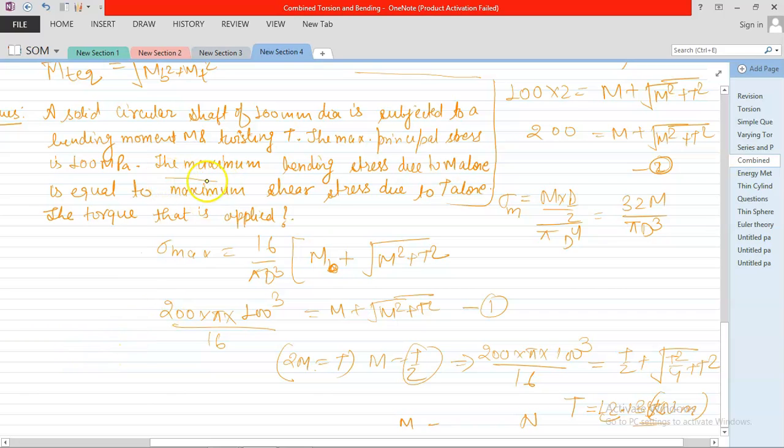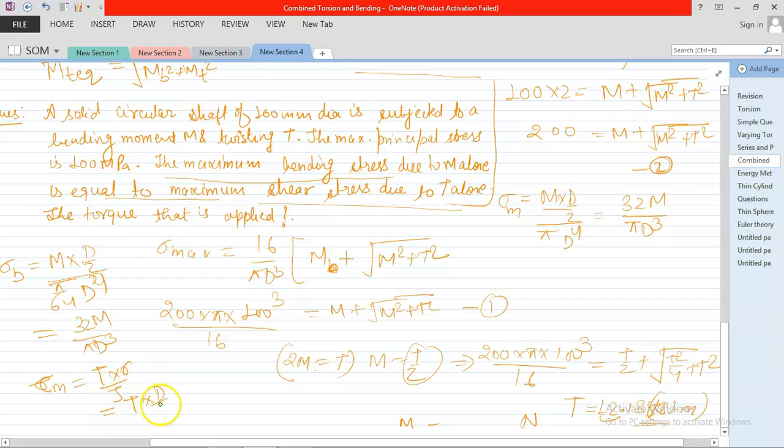It is given that the maximum bending stress due to M alone is equal to maximum shear stress due to T alone. So if you write maximum bending stress, it will be M into d by 2 by pi by 64 d raised to the power 4, that means 32 M by pi d cube. And if you take maximum shear stress, it is T into R by J, that is T into d by 2 by pi by 32 d raised to the power 4, that is 16 T by pi d cube.